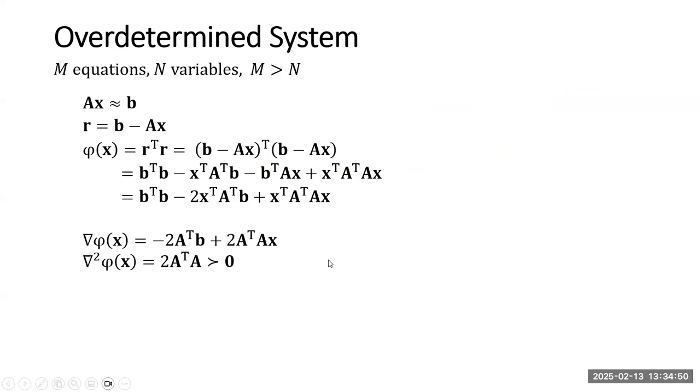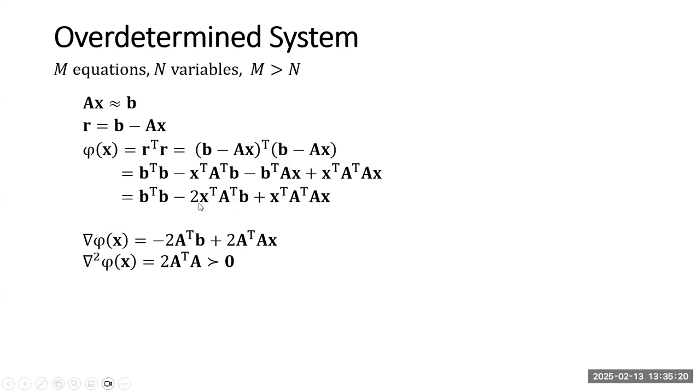Okay? So the first derivative is, this is an overdetermined system. So we have to minimize this, right? And we don't have any constraints. We're just finding x so that this is minimized. So the first derivative is this. What's the derivative of B transpose B with respect to x? 0.